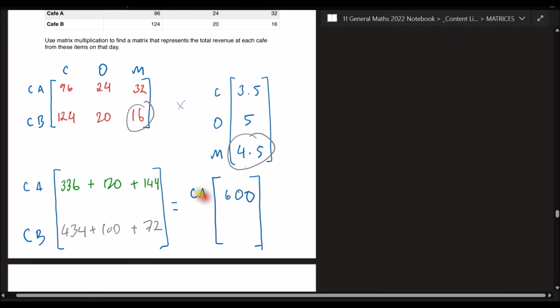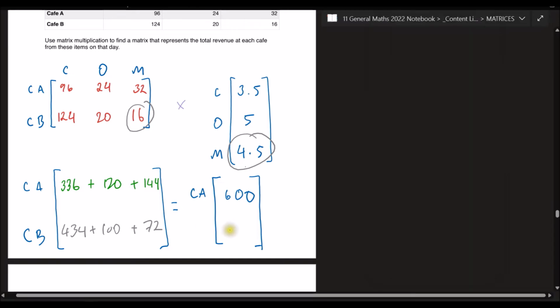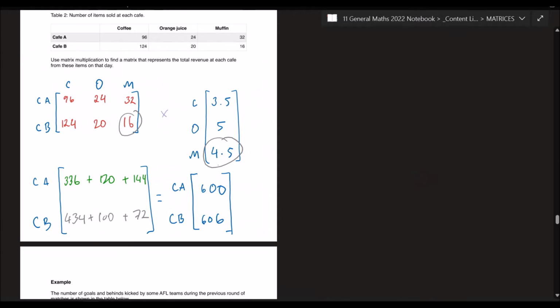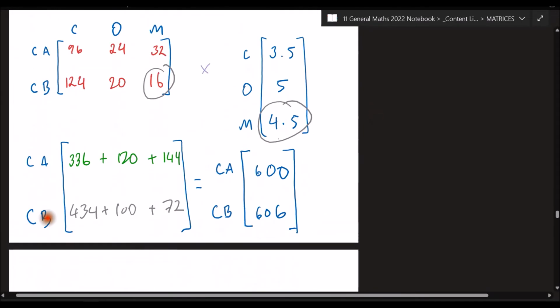So for Cafe A, their revenue was 600, and for Cafe B, 434 plus 100 plus 72 is 606. And then in terms of the question, if it asks how much more revenue Cafe B made than A, then you'll have to evaluate that. But essentially, that's what this question is asking you to do.